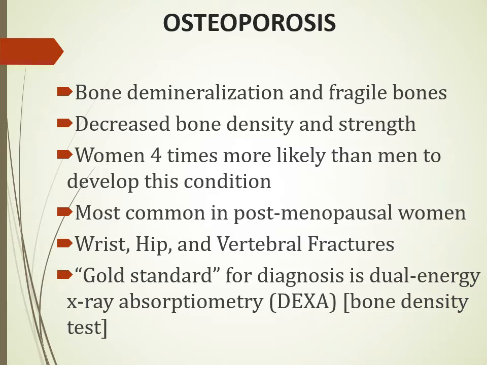Okay, and they'll put a beam through at the vertebral column or the hip area, or sometimes at the ankle, the bone next to the ankle called the calcaneus, and they'll see how dense are these bones.